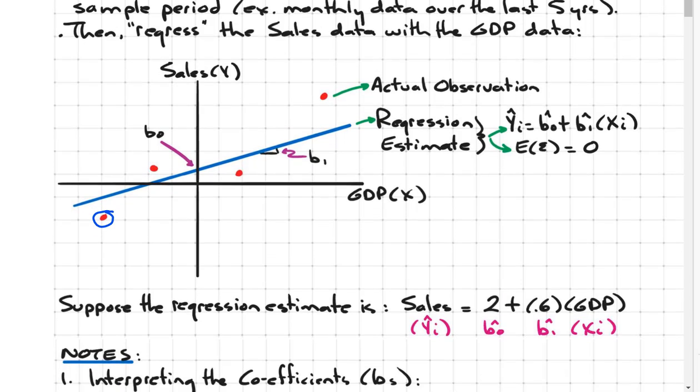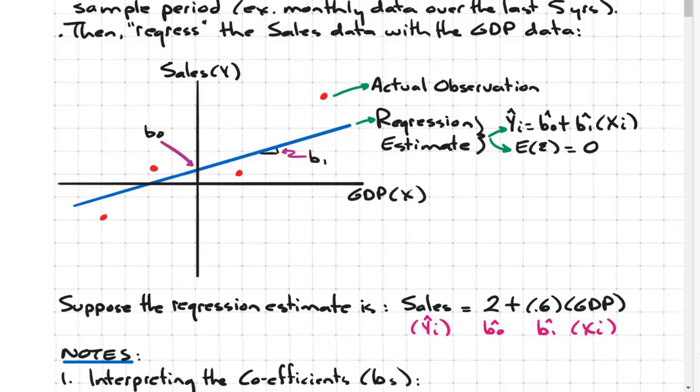So for example, in this particular month, corporate sales was over here and GDP growth was over there. By plotting enough of these points, we're able to see the general relationship between sales and GDP. And that's what a regression is. It's the line that best fits through all those observations. So that gives us an estimate with respect to what the relationship is between these two variables.